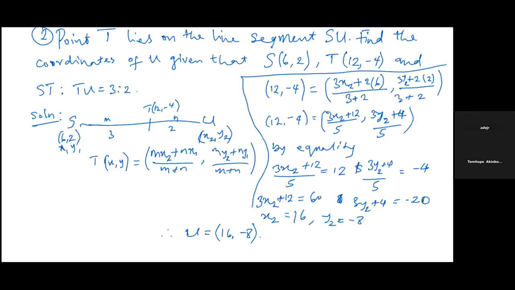By equality that I said, I mean you compare the coordinates of the left-hand side with the right-hand side. So the first coordinate on the right, which is 3S2 plus 12 over 5, is equal to the first coordinate on the left, which is 12. Is that clear? Then the second coordinate here, which is 3Y2 plus 4 over 5, equals the second coordinate on the left, which is minus 4. So that's what I mean by equality.